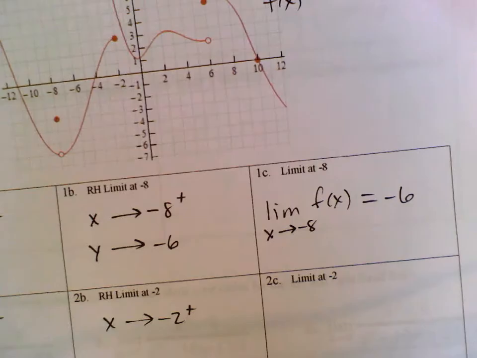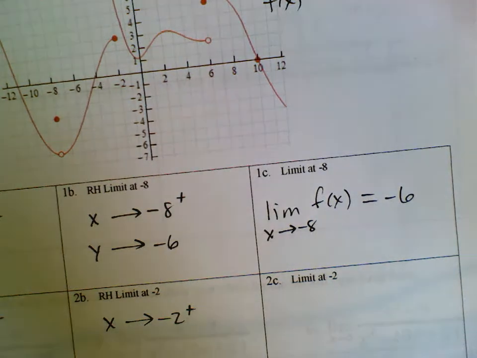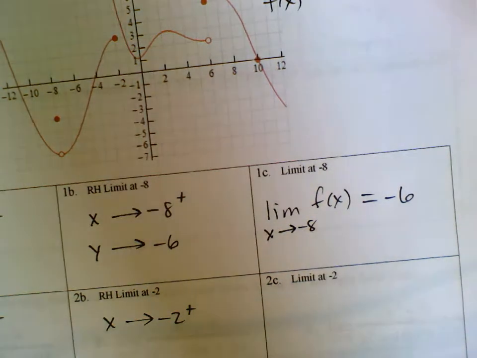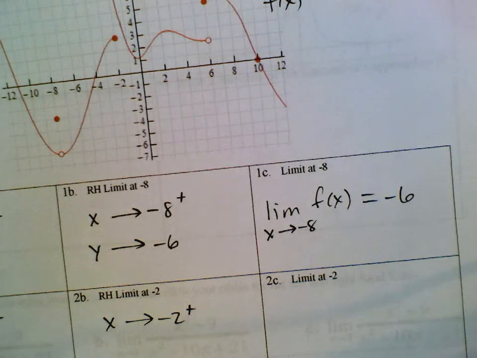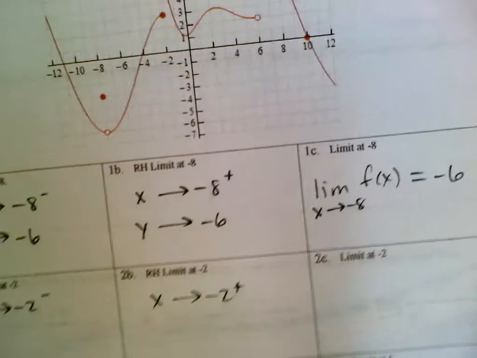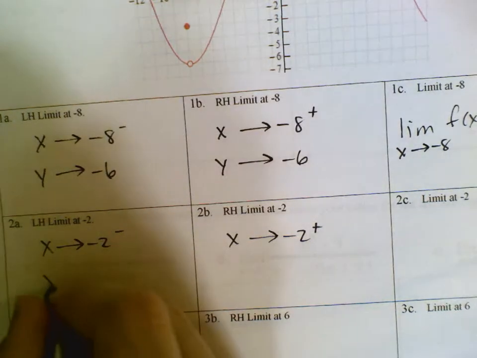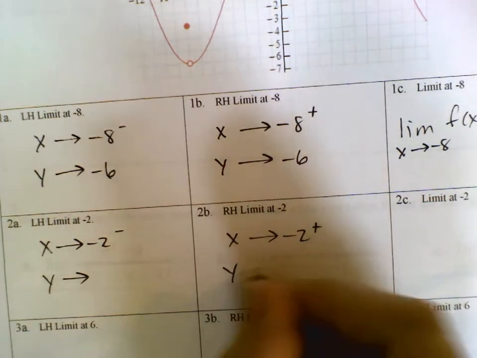The number that I am approaching as I approach x equals -8 from the right and left at the same time. So if you don't see a plus or minus up here, it means you're thinking of from the left and right, plus and minus, at the same exact time. So as x approaches, I've got to think of what y is approaching.